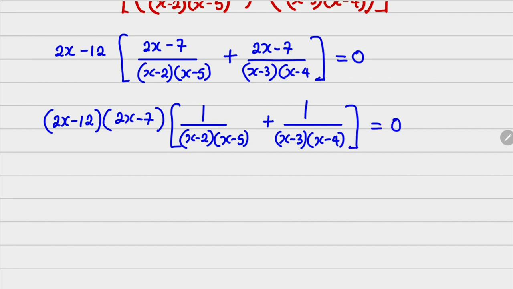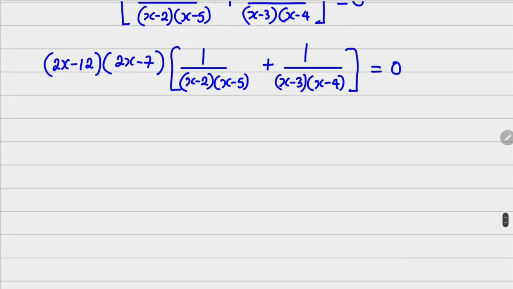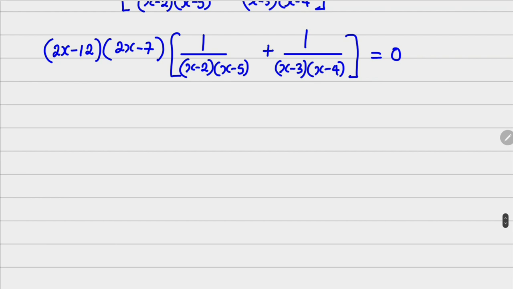Now, this is equal to 0. Everything is almost in its simplest form. Everything is equal to 0. That is, this multiplying this is equal to 0.